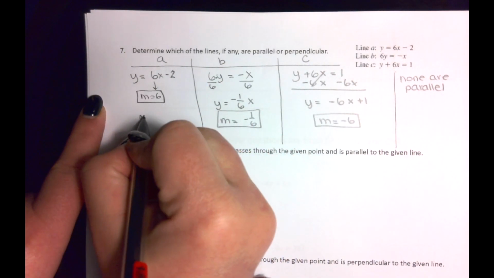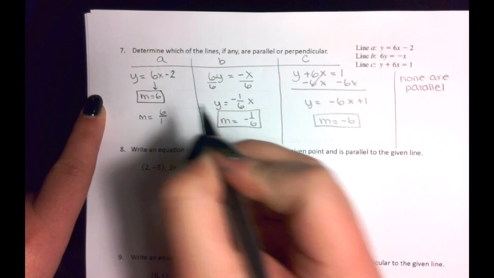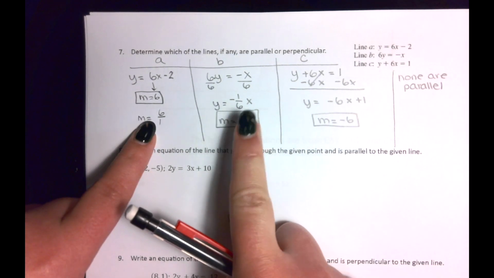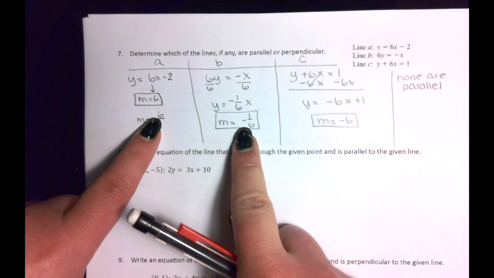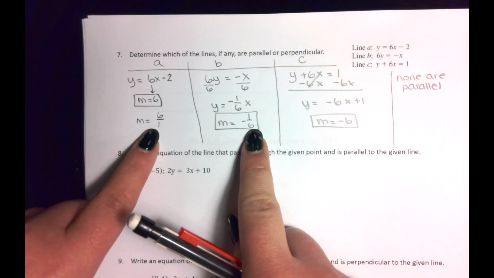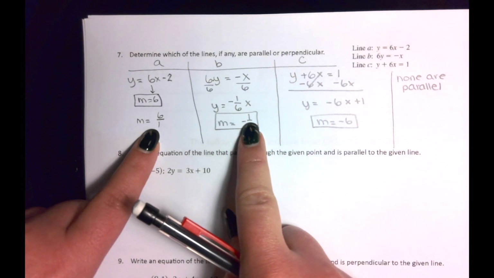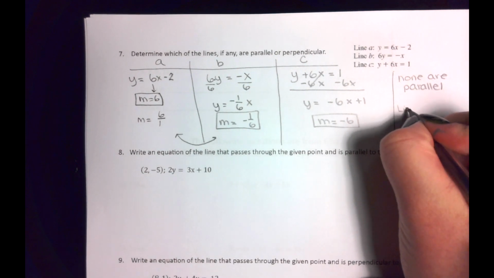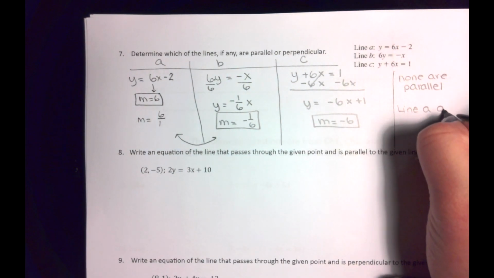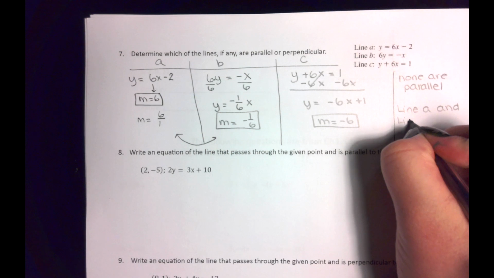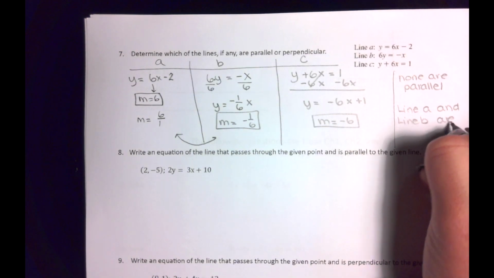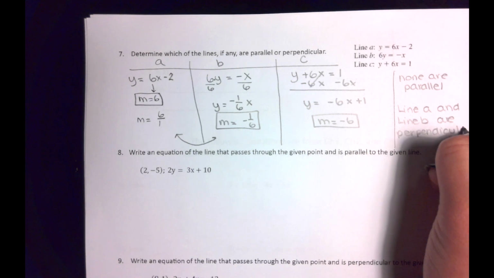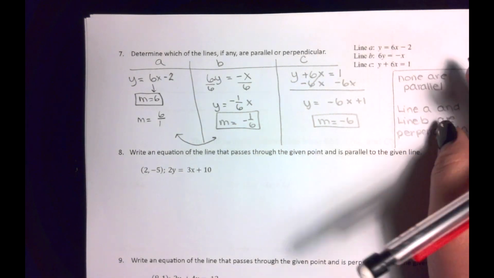So we can rewrite 6 as 6 over 1. Here we have opposite. This is positive. This is negative. 6 is on top, 6 is on the bottom. 1 is on the bottom, 1 is on top. So that means that line A and line B are perpendicular. So this is your answer here.